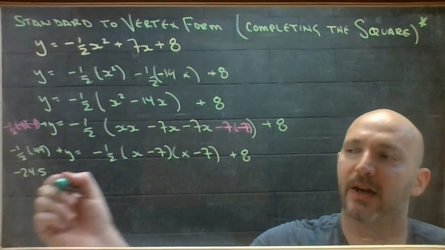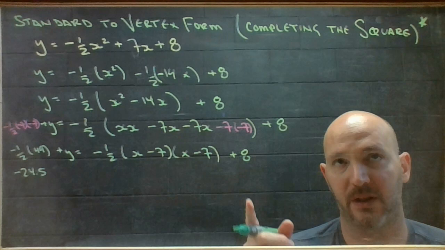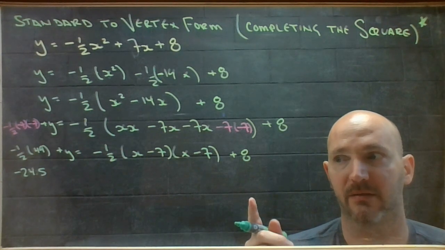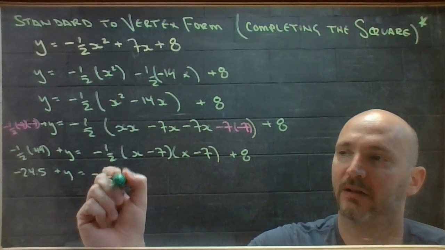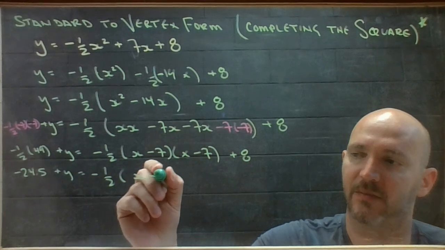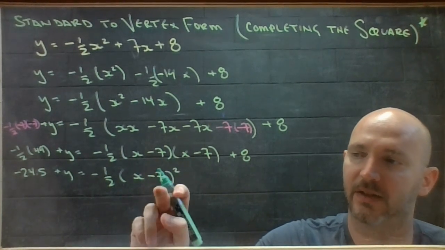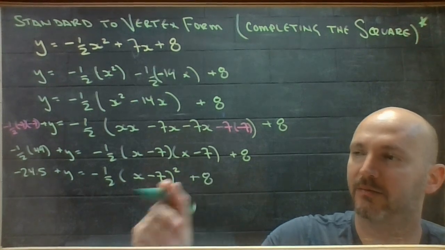And I'm going to write it as a decimal just for this example because completing the square is confusing enough. That's still there. X minus 7 multiplied by itself is an x minus 7 squared. There's my newly completed square. That's 8.